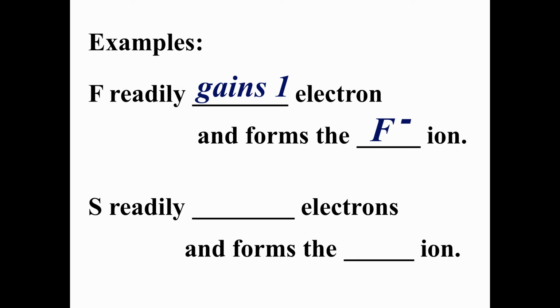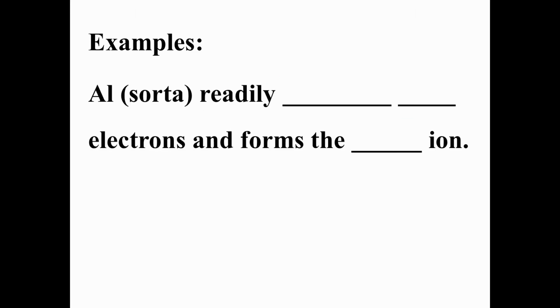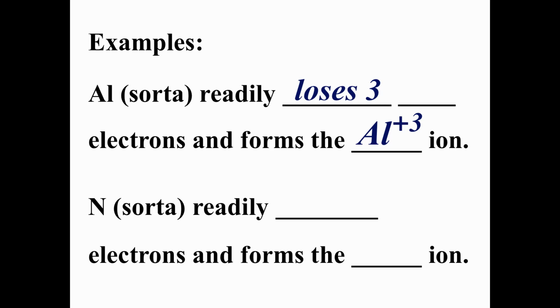And sulfur readily gains 2 electrons and makes the -2 charged sulfide ion. Aluminum usually loses 3 electrons and forms the +3 ion. It's pretty likely to do that, almost guaranteed. While nitrogen fairly readily gains 3 electrons and forms the N-3 ion.